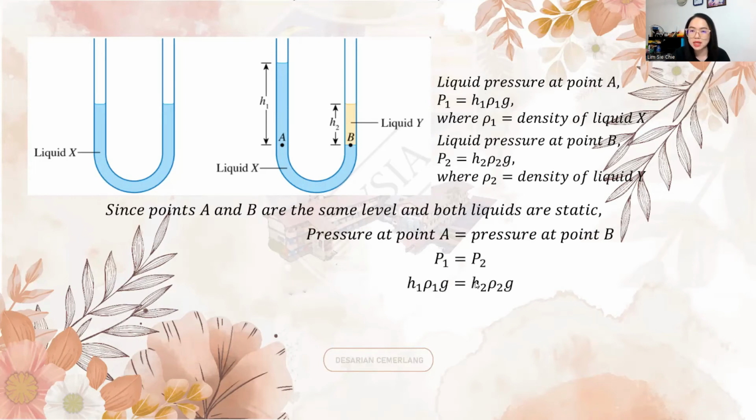Because gravity is constant, I can cancel out g, and I get H1 rho 1 is equal to H2 rho 2.